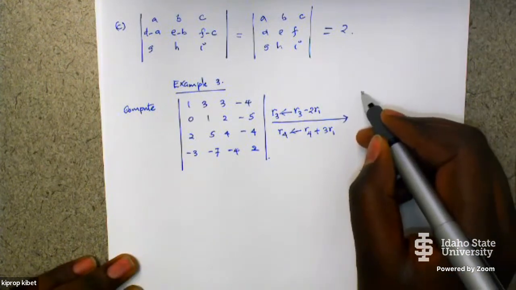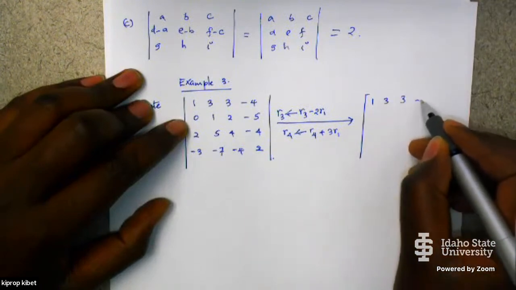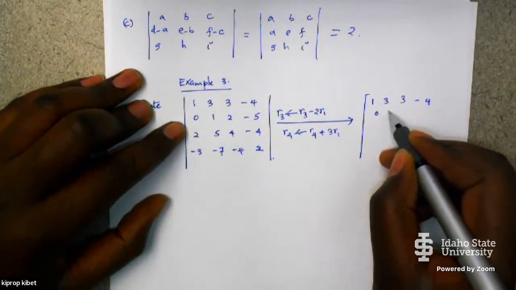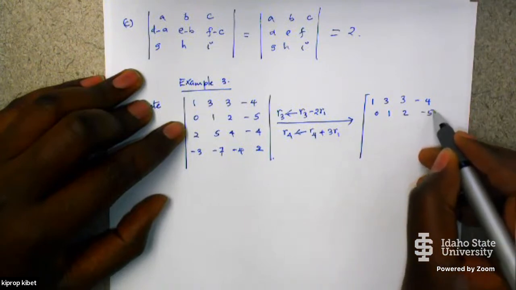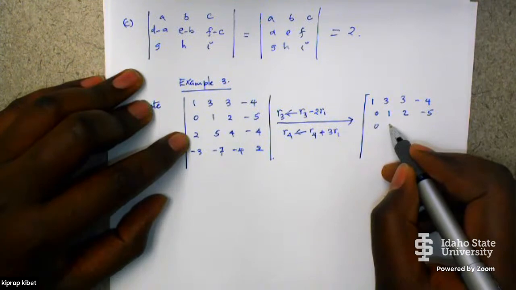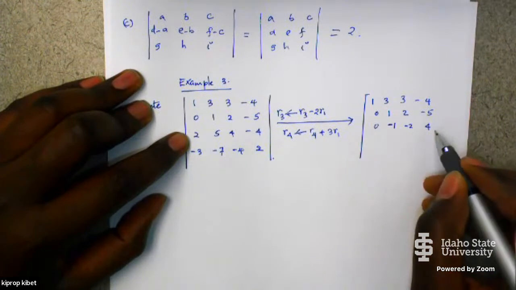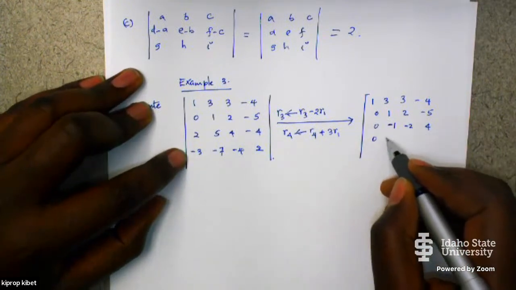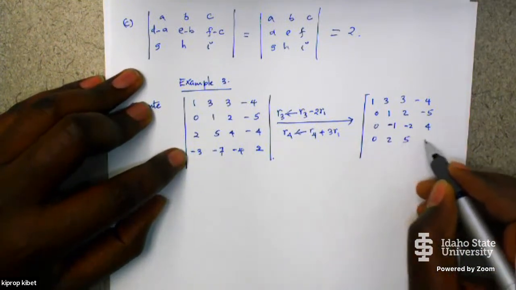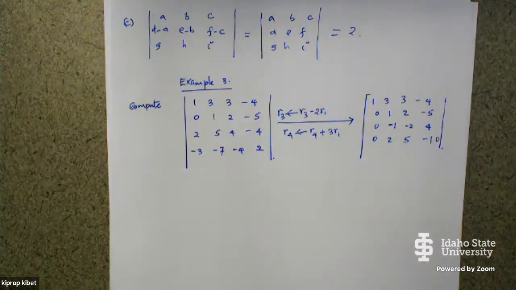So what we get there is 1, 3, 3, -4, 0, 1, 2, -5, 0, 0, -1, -2, and then 4, then 0, 2, 5, and -10. Okay, that is what we get.